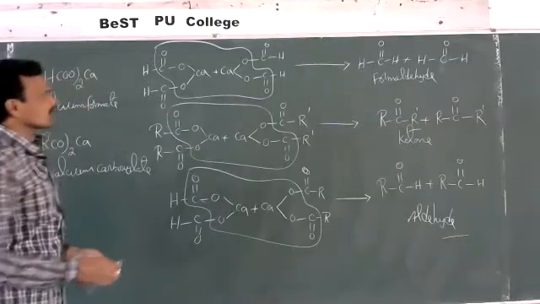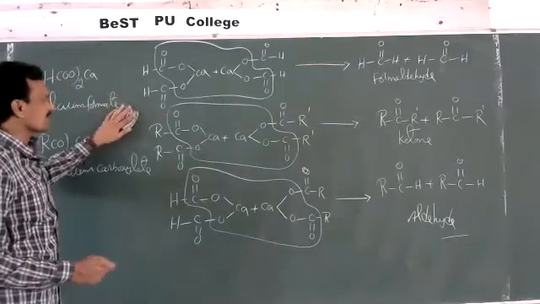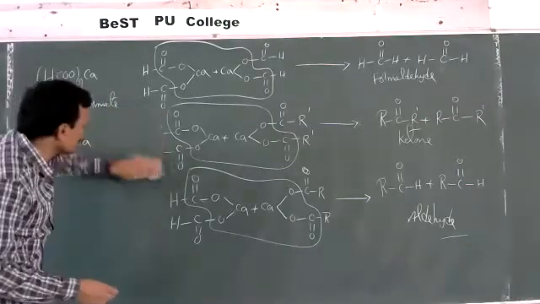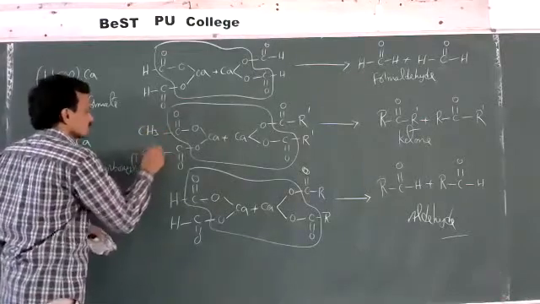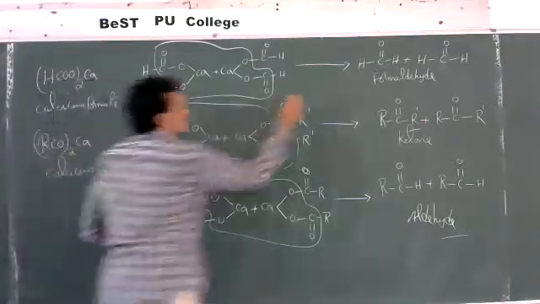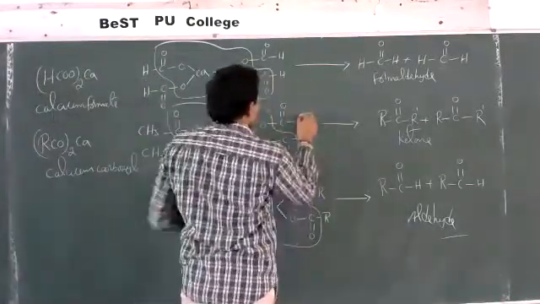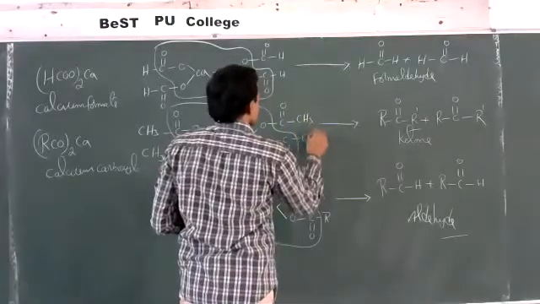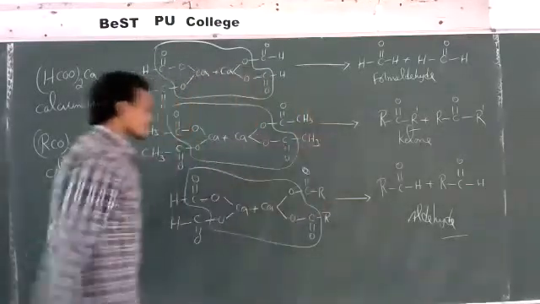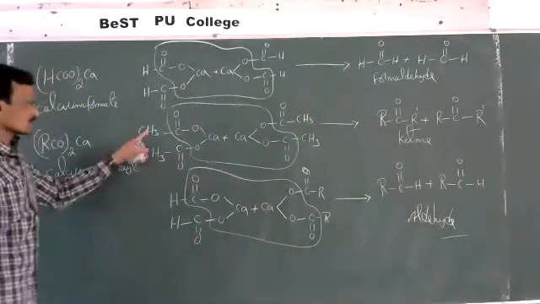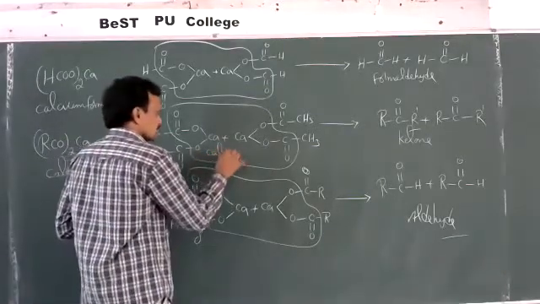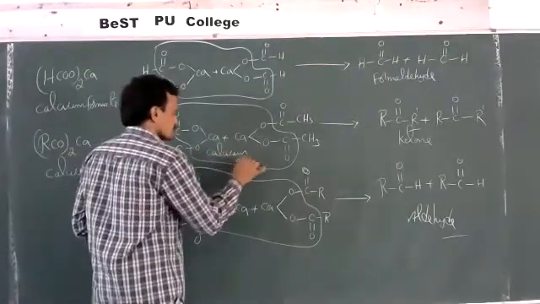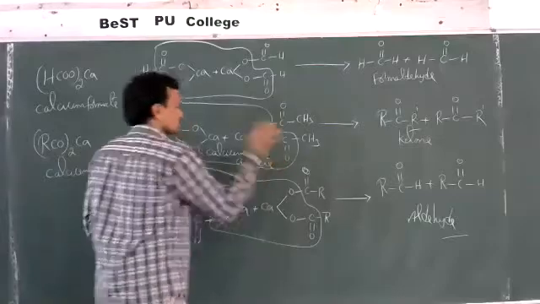Okay, so calcium formate on distillation gives formaldehyde. Other than calcium salt of formic acid, if you take any other carboxylic acid, now here I will replace R with CH3. Now what is the name of this compound? This is calcium acetate.